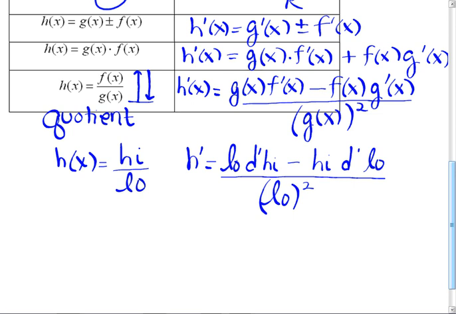I prefer to say I start in the basement and I go upstairs and go back down. So it's the denominator, low times the derivative of high, low d high, minus high d low, over the square of low we go. Just a little rhyme to remember it. Yeah, most kids like it. Not easily. I'll look at the proof, see if I can do it, but it's not an easy proof. Okay, that's it. That's the rules.